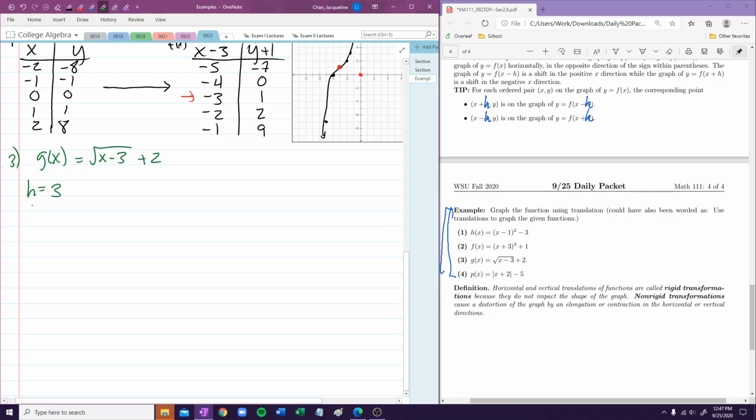H is 3, k is 2. Because it has x minus 3, so this is going to be positive 3. And then what is my parent graph? Again, I'll call it f of x. My parent graph in this case is the square root of x. When it's stripped from everything, the most basic one is the square root of x. Okay, the square root of x, it looks like this.